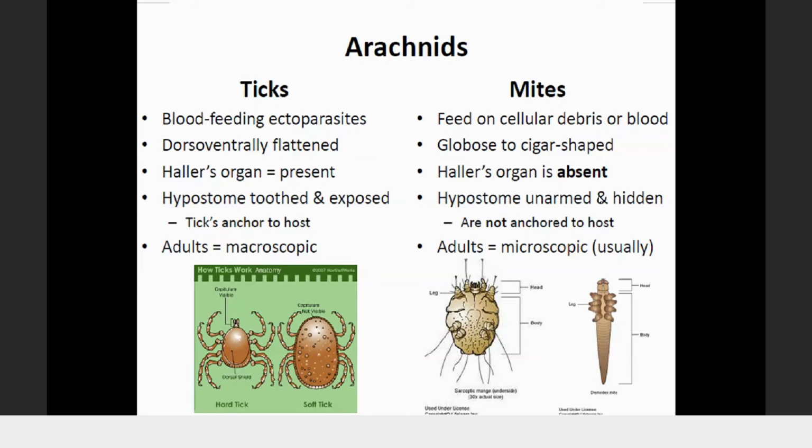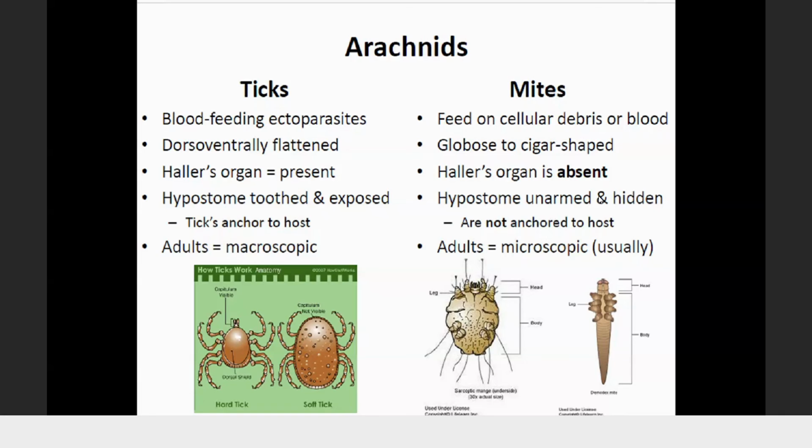Okay, so ticks and mites are different. It's really important for you to know the difference between ticks and mites. Ticks are macroscopic, so you can see them with the naked eye, but mites are microscopic, so you can't really see them with your naked eyes.